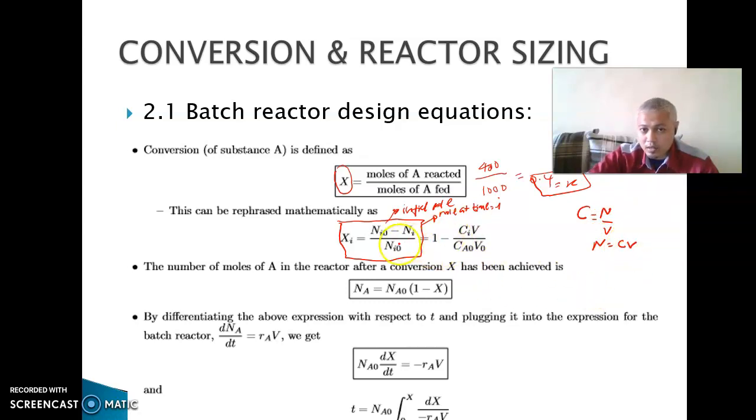How to get this term? Ni over Ni is 1, and then left with Ni over Ni naught. If we expand this one, we will get Ni naught over Ni naught minus Ni over Ni naught. So this one becomes 1 minus Ni over Ni naught. We can use Ni equals Ci times V, and for Ni naught we can express it as Ca naught times V naught.